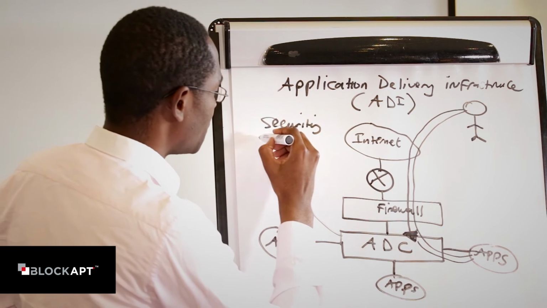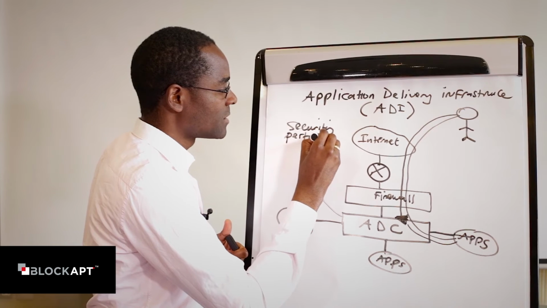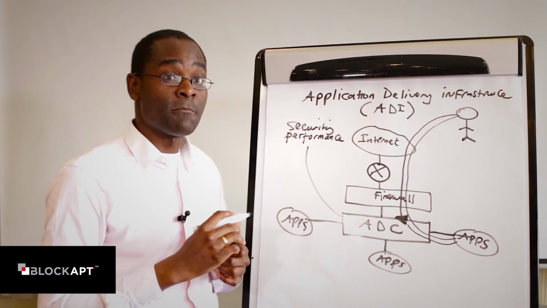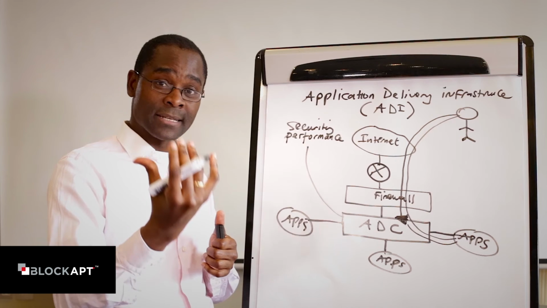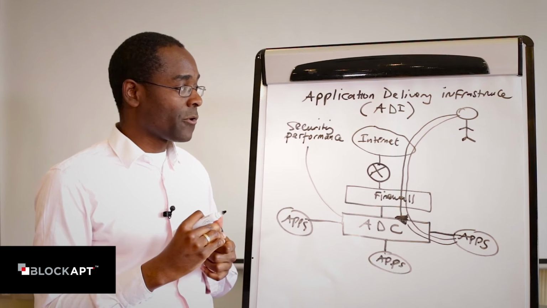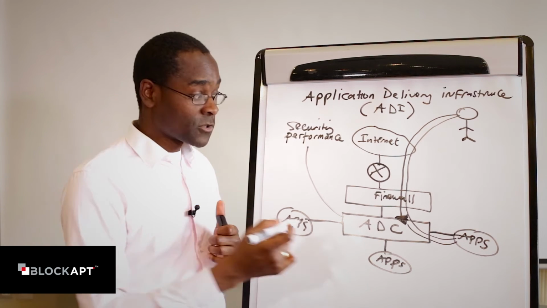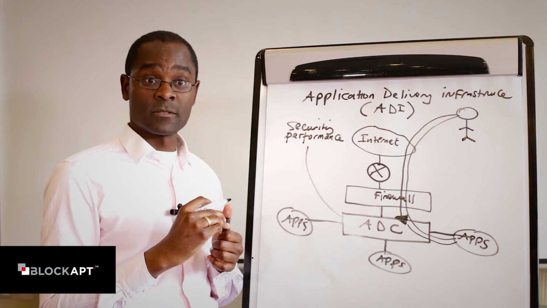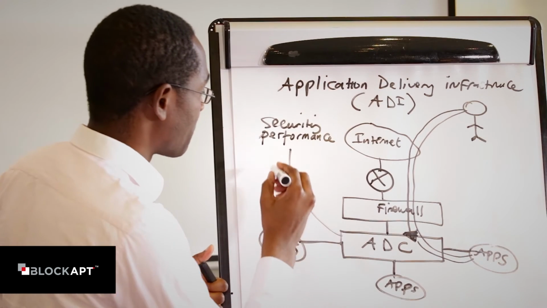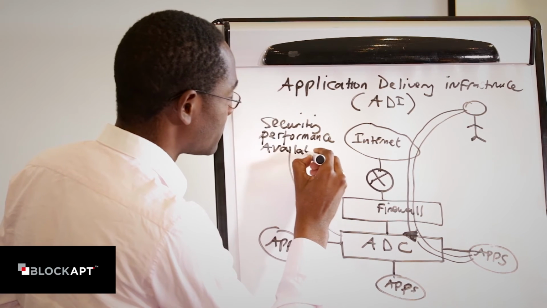I can also do performance. When I say performance, I mean the ability to speed up my applications. These days we're very impatient, so when you access a specific application through your mobile phone, you want it to be very fast and very responsive. So the ADC could provide some optimization of performance. You can also provide what we call availability.